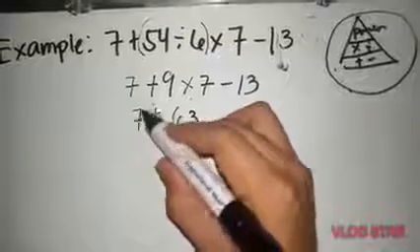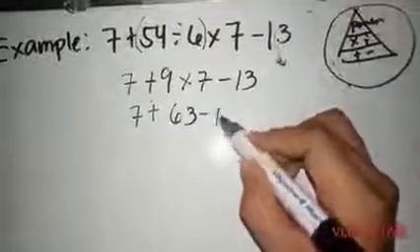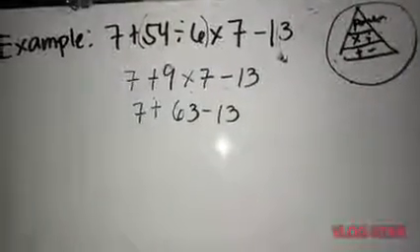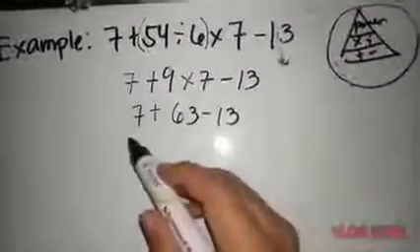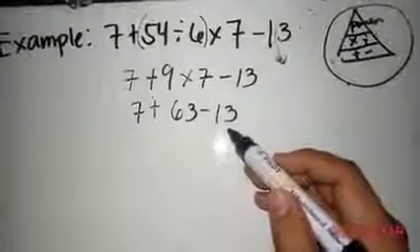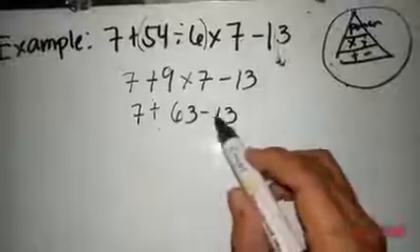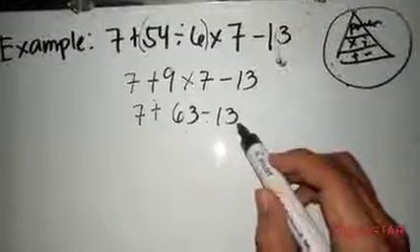Just copy 7 plus, then minus 13. So the expression now is 7 plus 63 minus 13.